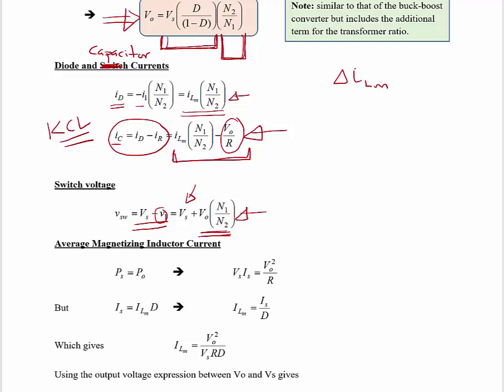Now we are moving to the point where we need to find ILM average.